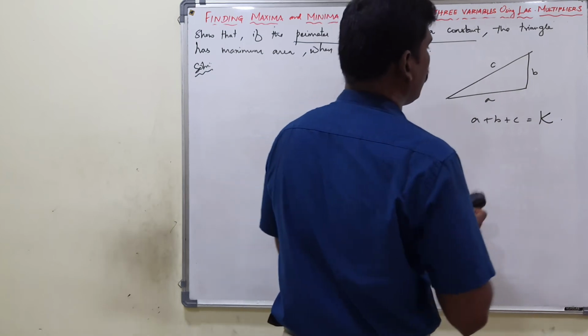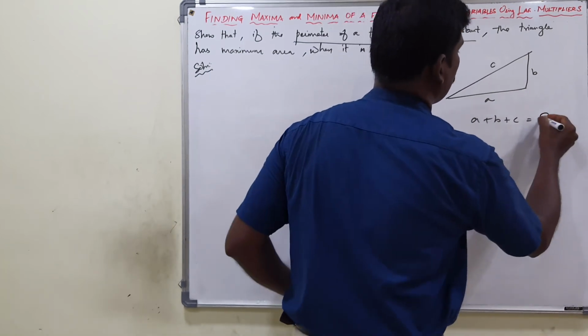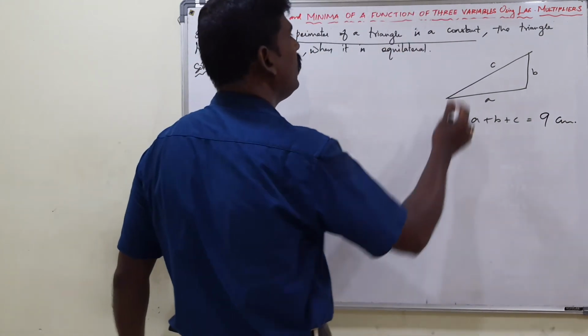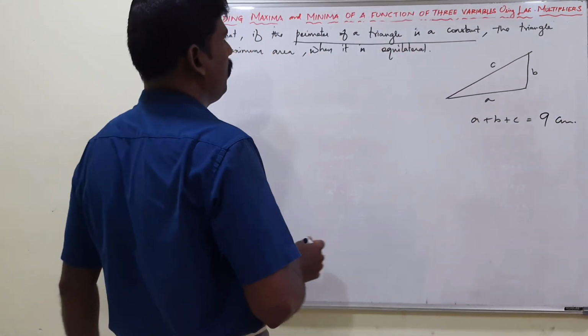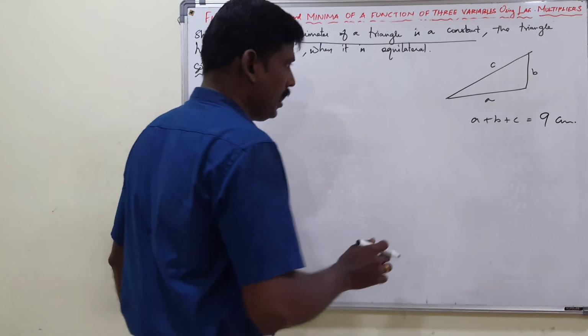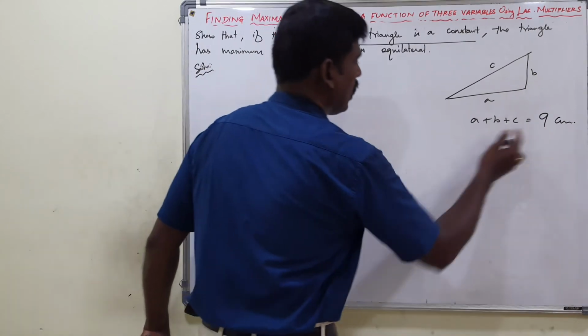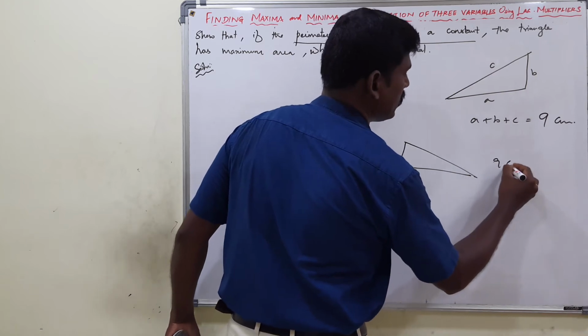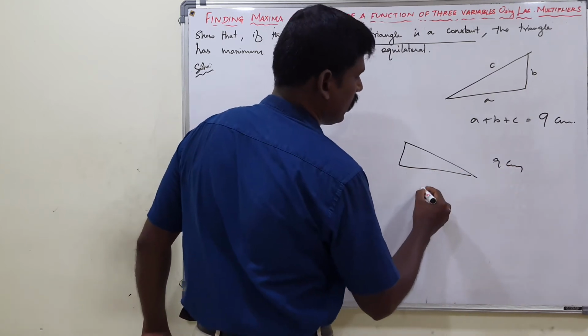So suppose the perimeter of the triangle be 9 centimeter. We can construct lots of triangles having perimeter 9 centimeter, isn't it?